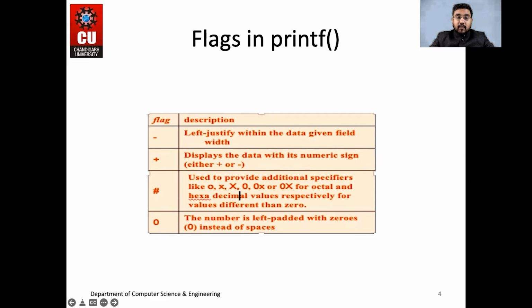Talking about width and precision. Width tells the minimum number of characters to be printed by the printf statement, whereas precision tells the maximum number of characters to be printed.